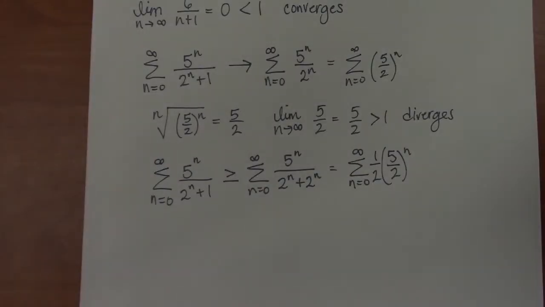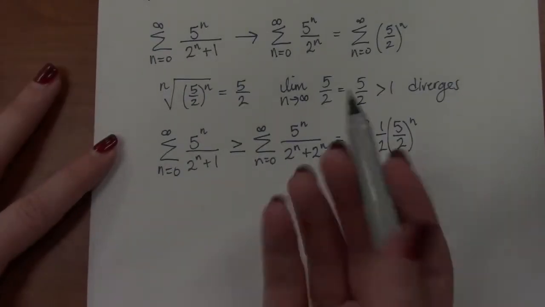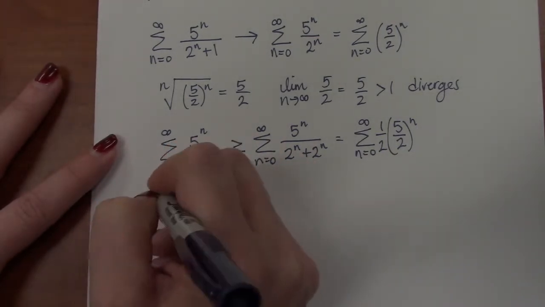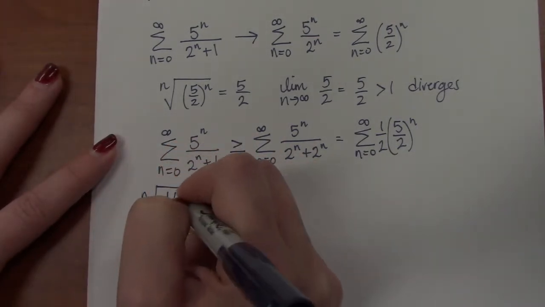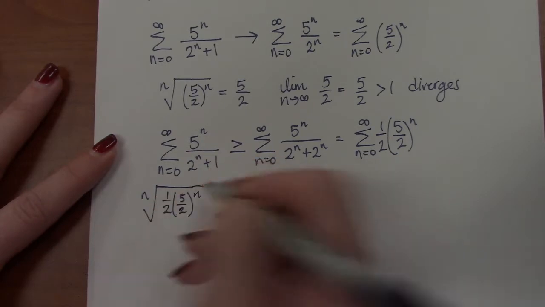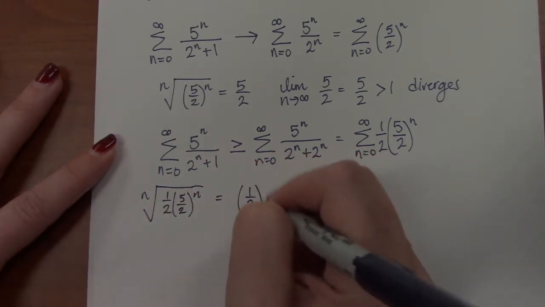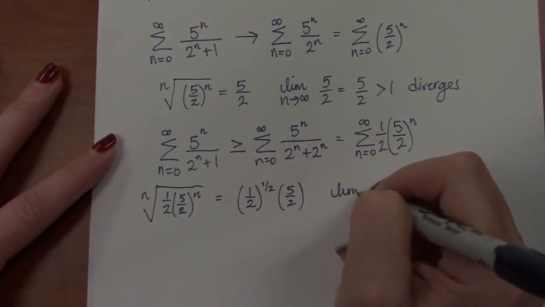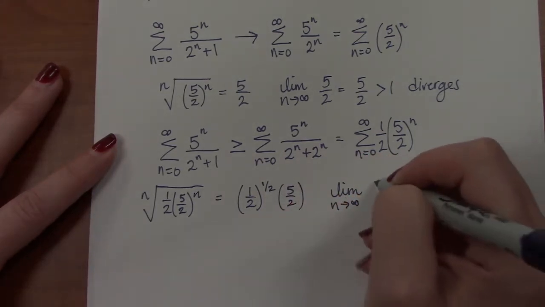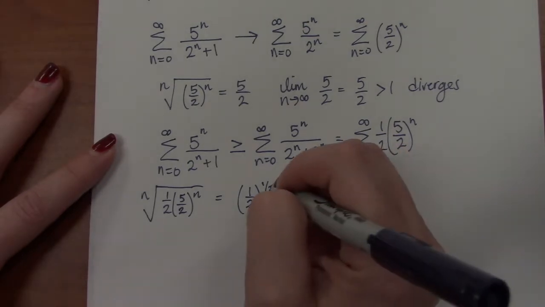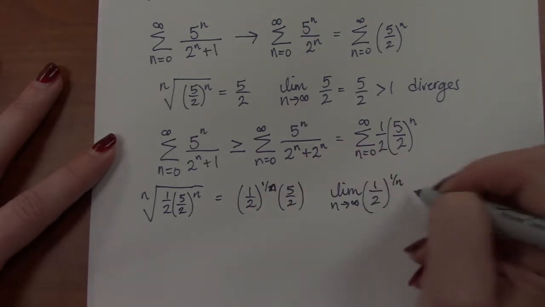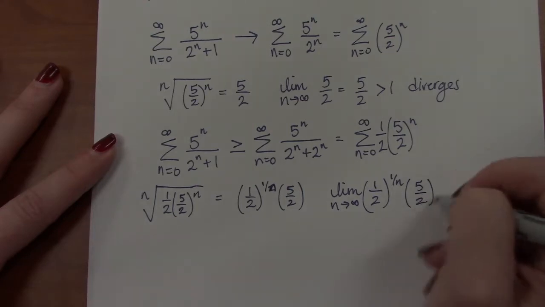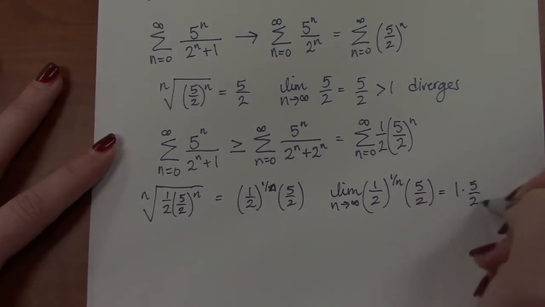So if you applied the root test to this series, you would get 1/2 to the 1 over n times 5/2. So when you take the limit of this, oops, it's not to the 1/2, that's to the 1 over n. And that's just 1 times 5/2, which is still greater than 1. So you would still get that it diverges.